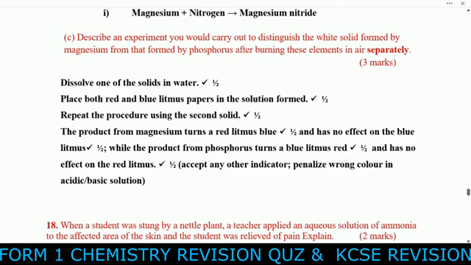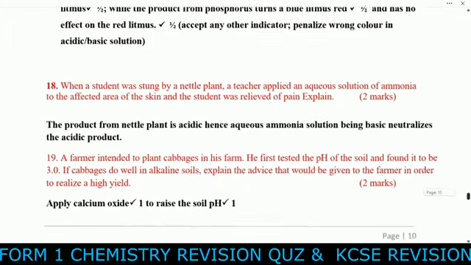So what you do to differentiate: dissolve one of the solids in water, place both red and blue litmus paper in the solution formed. Repeat the procedure using the second solid. The product formed from magnesium turns red litmus paper blue and has no effect on the blue litmus paper, while the product from phosphorus turns blue litmus paper red and has no effect on the red litmus paper. That is how you mark that.